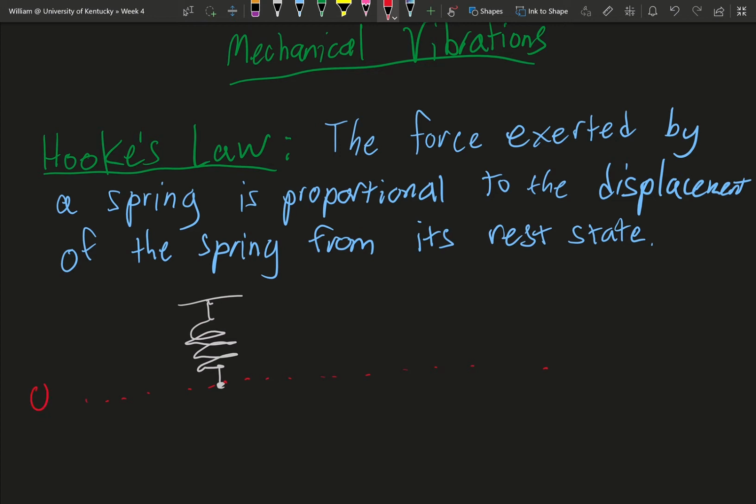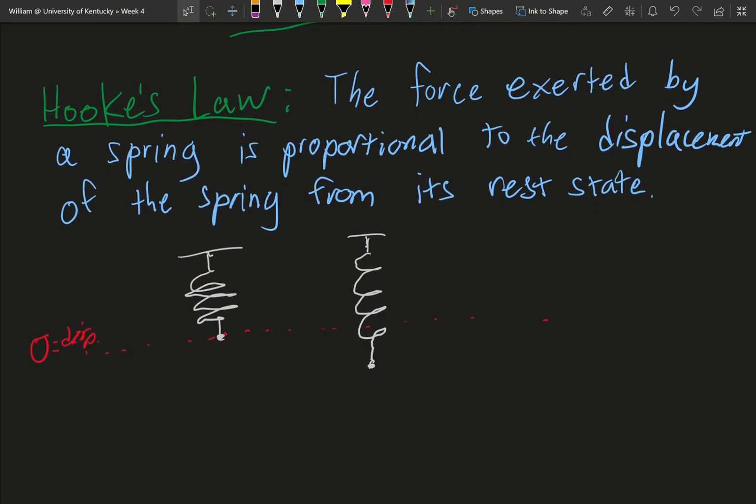We'll call this displacement 0. Now if I stretch it out, if I pull on it downwards, here's the first part where I'm going to differ.